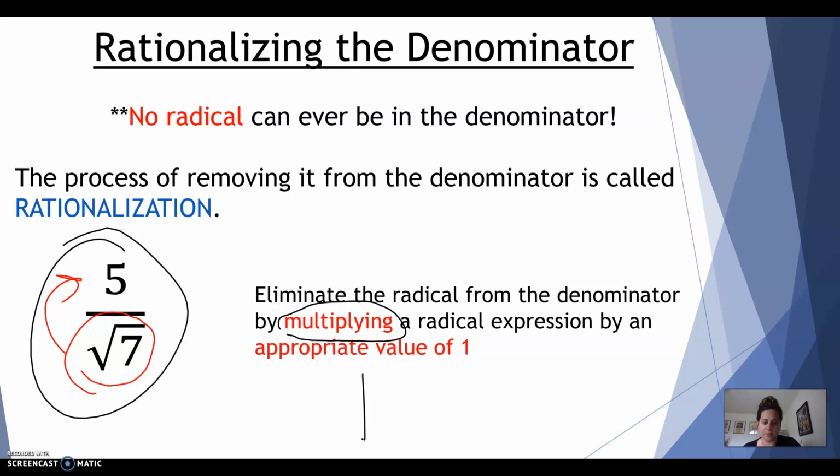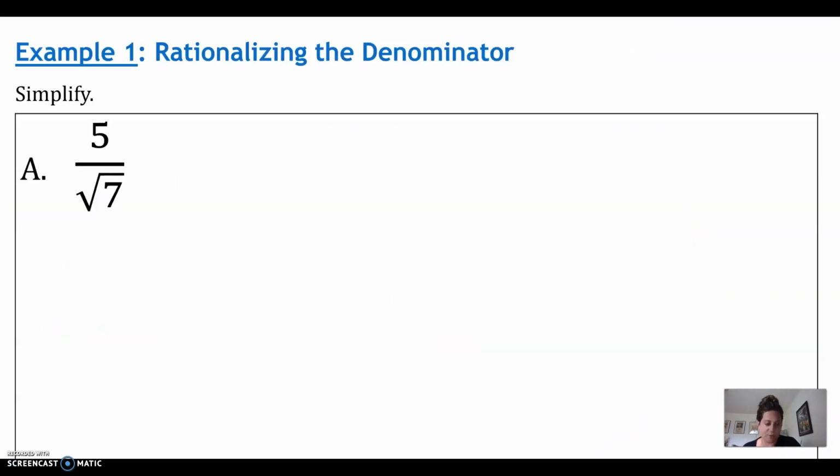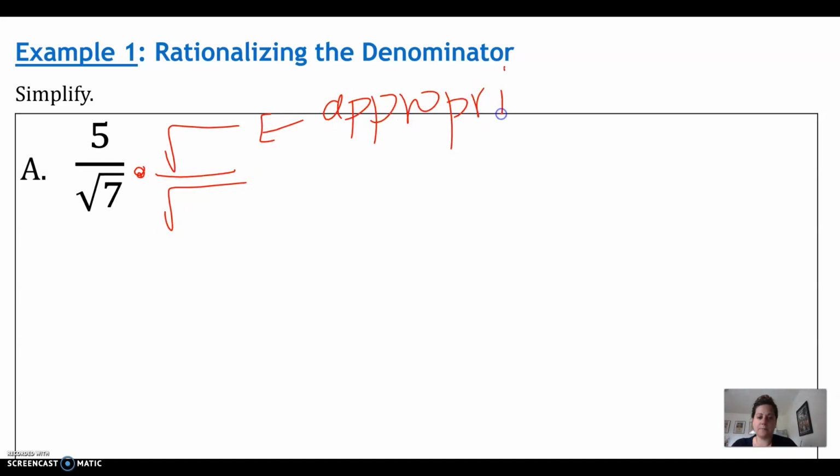So here's our first example, which is the one I just showed you. You have 5 divided by the radical of 7. So I'm going to choose this appropriate value of 1.